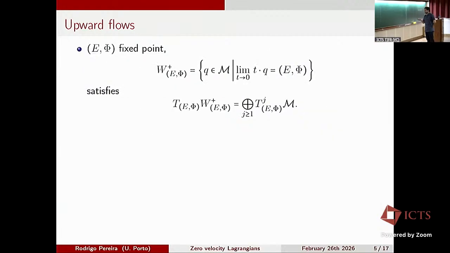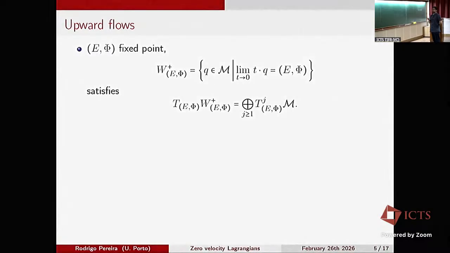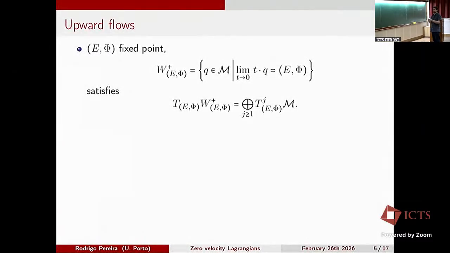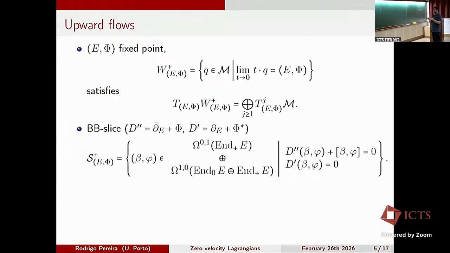So how do you build such a thing? Well, you consider a somewhat related object, the upward flows of a fixed point, which are just all the points whose C star limit to 0 is a particular fixed point. And at the fixed point, its weights in the tangent space are all of the positive weights.